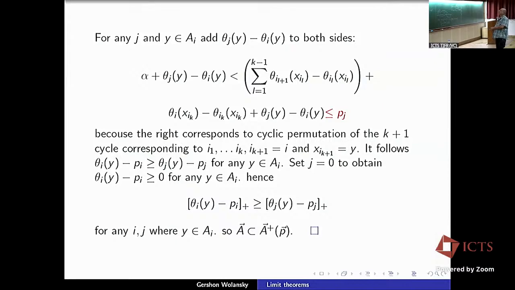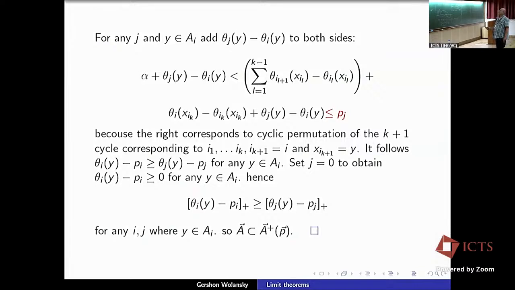And so the right side is smaller than pjy, because this part is just a cyclic permutation of a k plus 1 cycle, which corresponds to I1 to ik plus 1, and ik plus 1 will be I, and xik plus 1 is y.